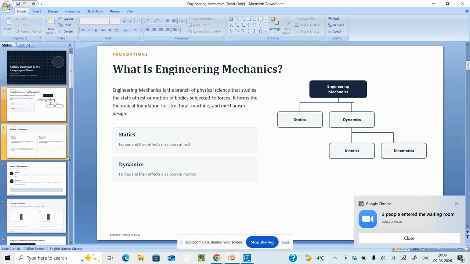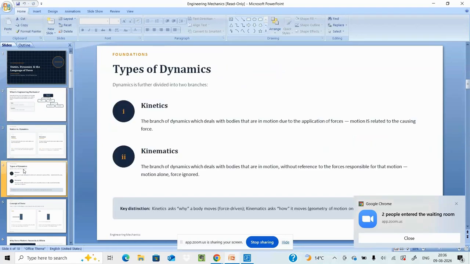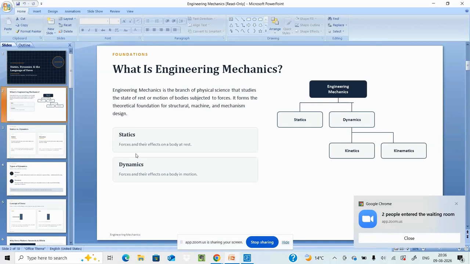Whether it is engineering mechanics or strength of materials, you will be studying almost similar things. So we'll be studying statics and dynamics. Clear, everyone?